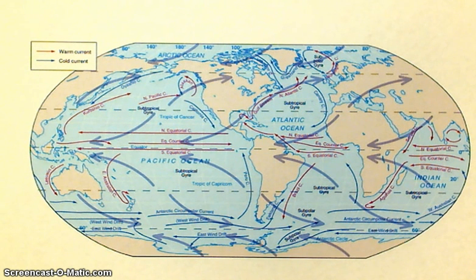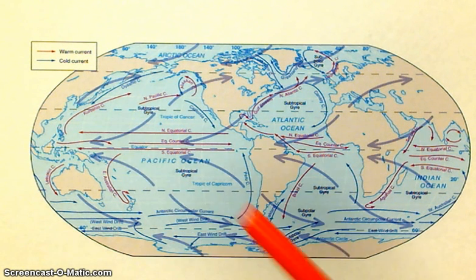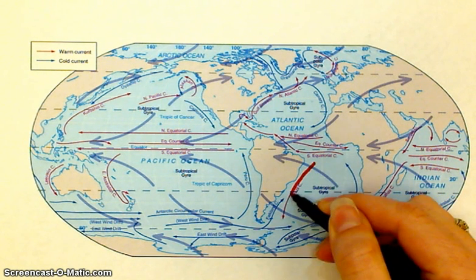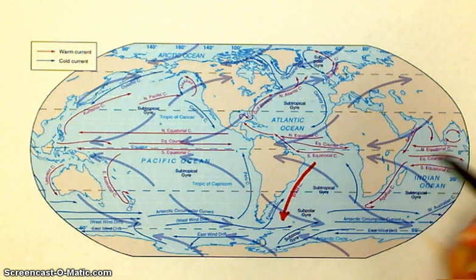What I would like for you to do is take a red marker and mark all of your warm currents with a red marker.